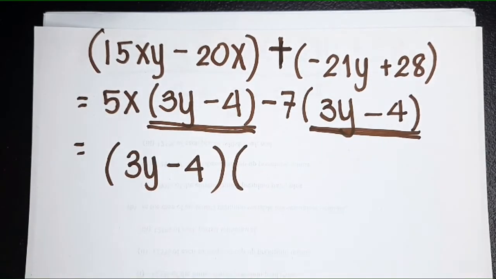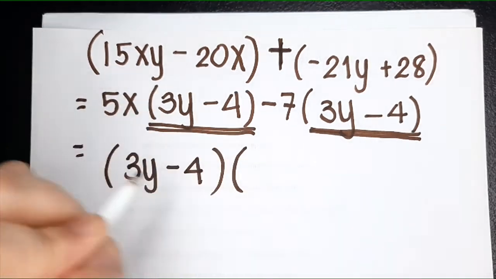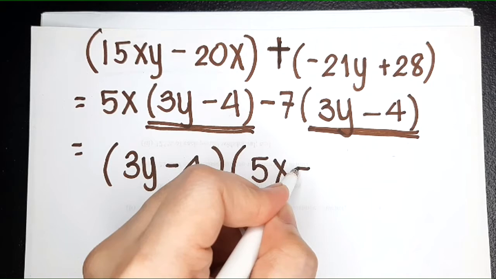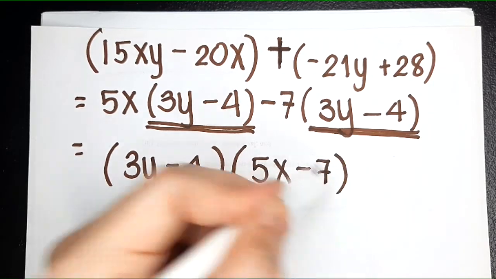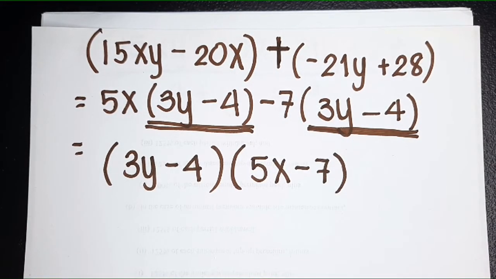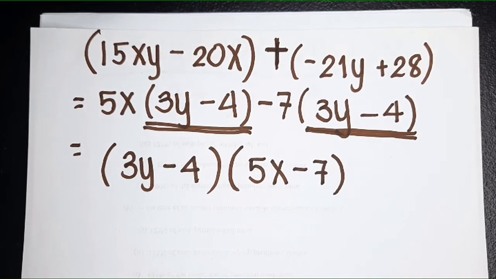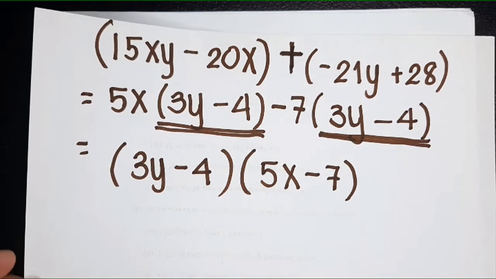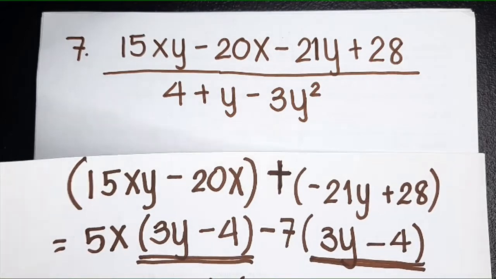And what's going to be left, you have 5x minus 7. Diba? So, very easy. Yan ang factors ng ating numerator. It's 3y minus 4 times 5x minus 7. So, I'm going to copy it.